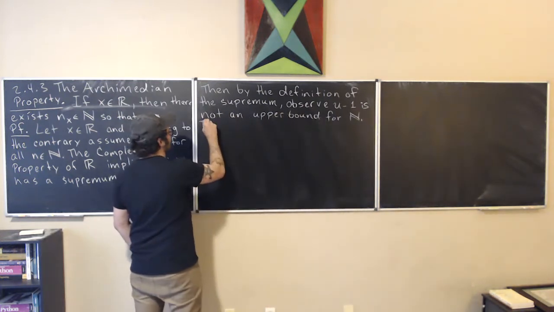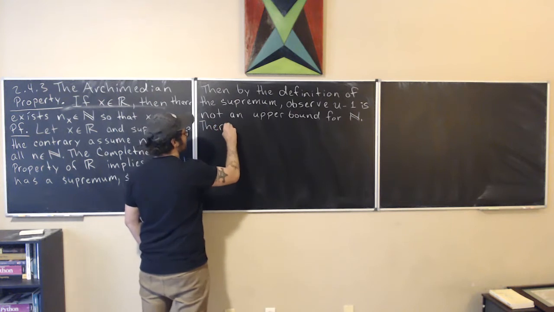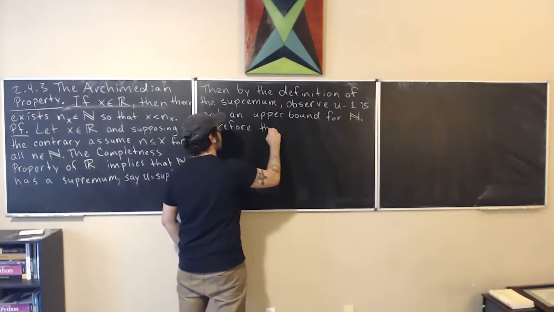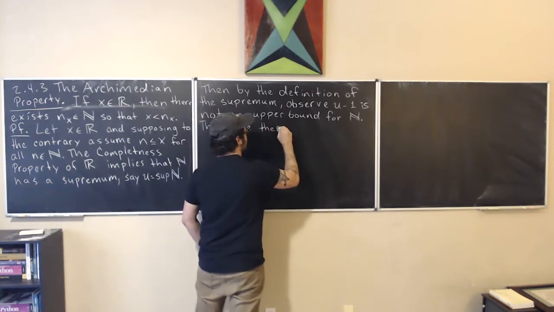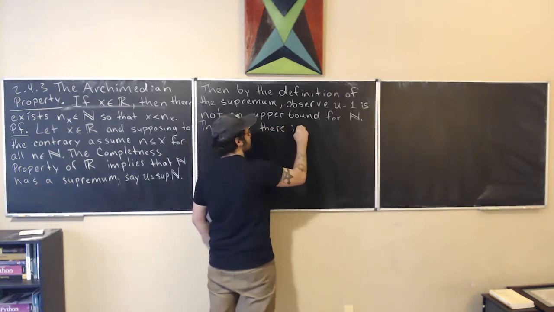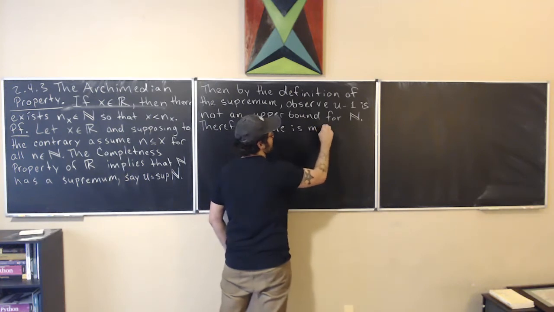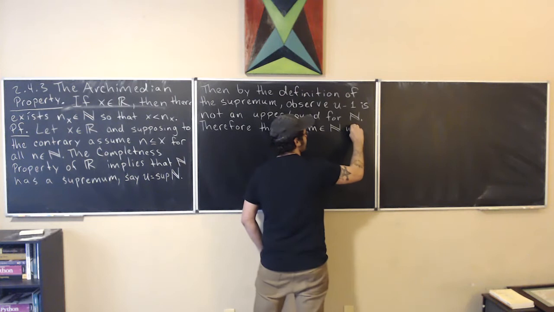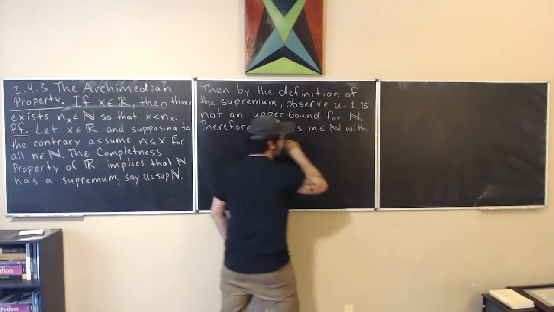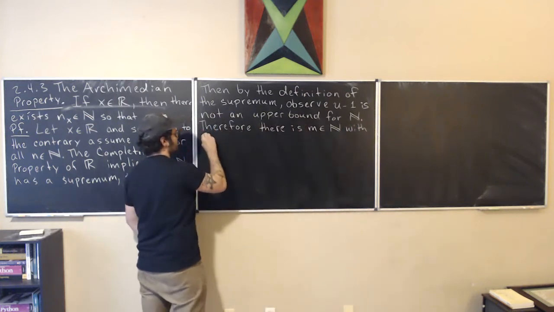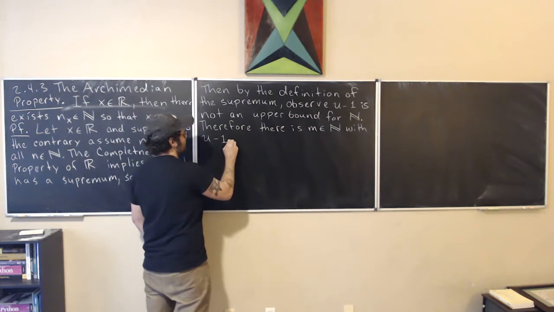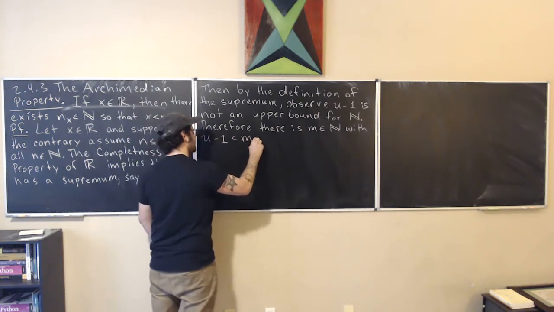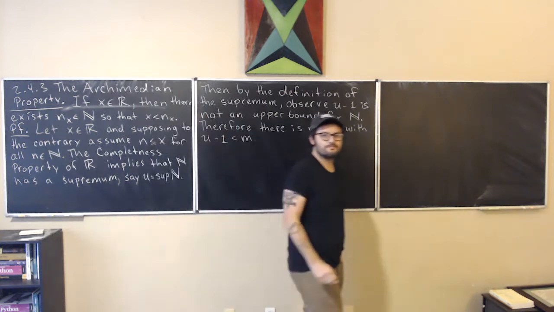So therefore, there is some natural number called M with U minus 1 being strictly less than M. Right?